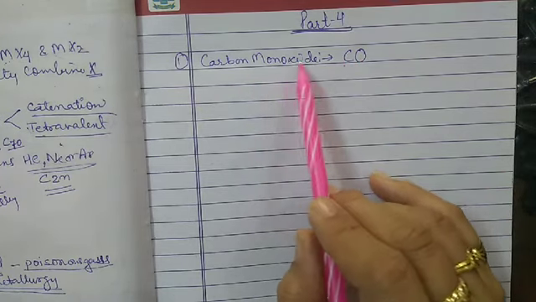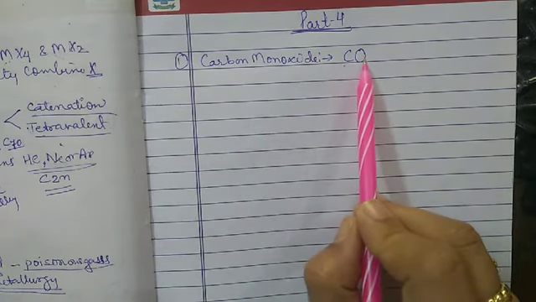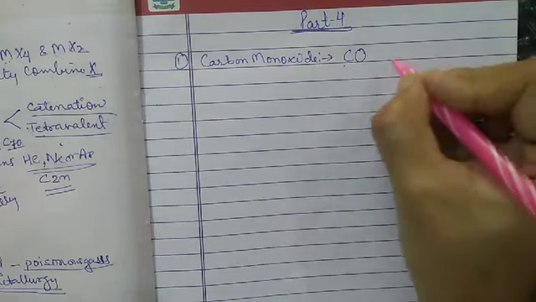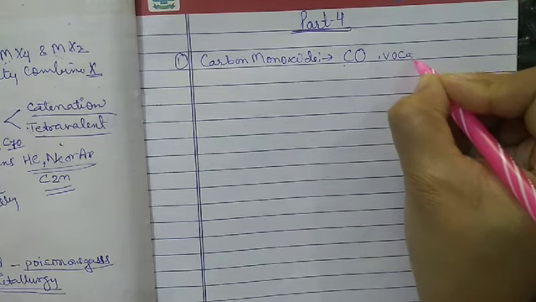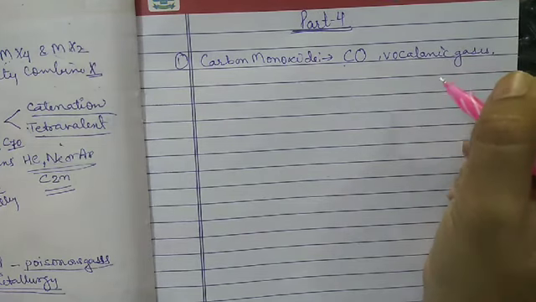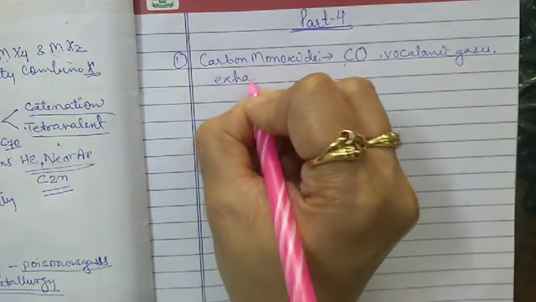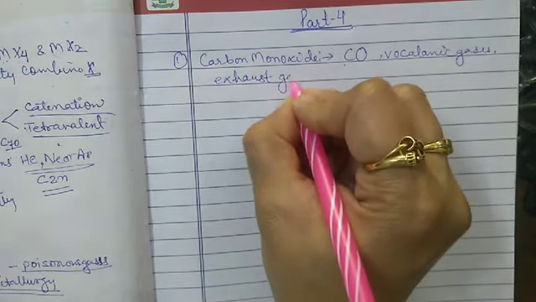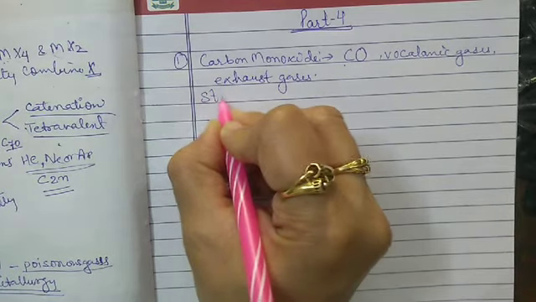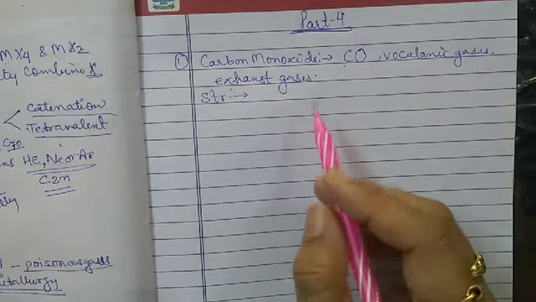We get carbon monoxide with the formula CO, that is capital C and capital O. In small quantities, it is found in volcanic gases and exhaust gases. Now come to the next topic, that is structure of carbon monoxide.